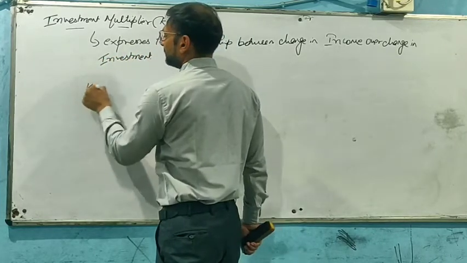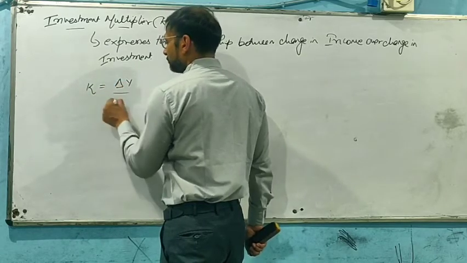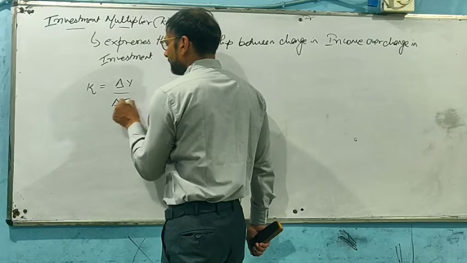In simple, we can say this is K equals to delta Y upon delta I.